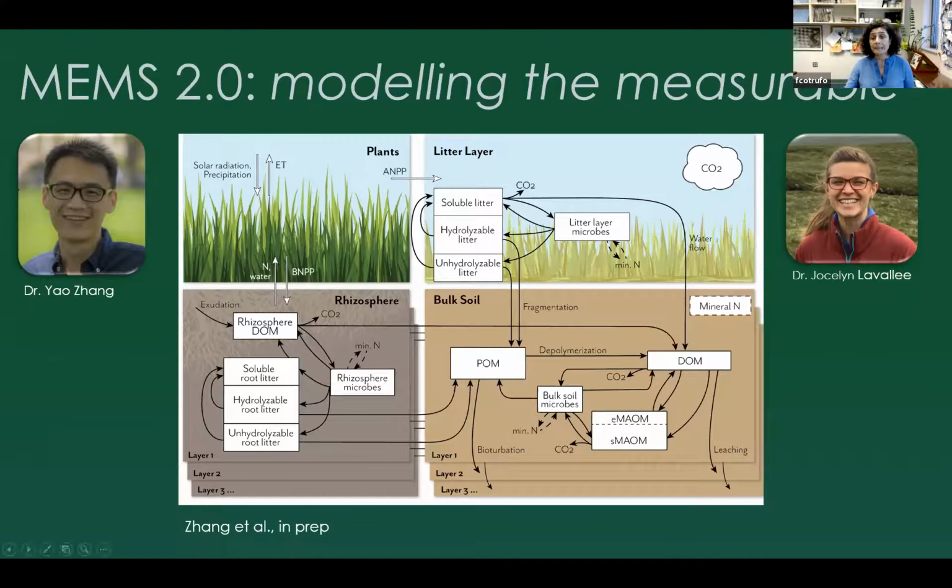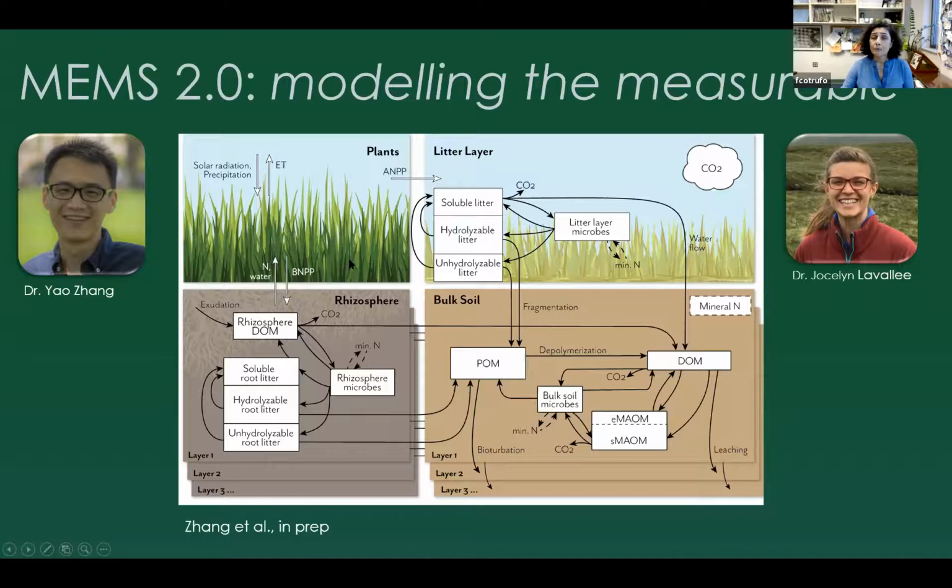We are very excited. I think it's one of the manuscripts on my desk that I hope to get to very soon and send out for publication.